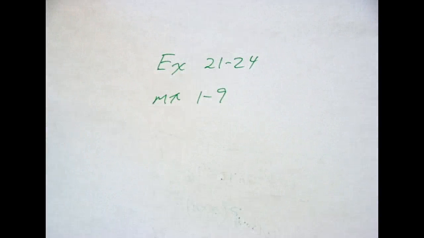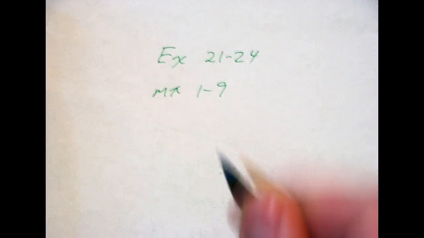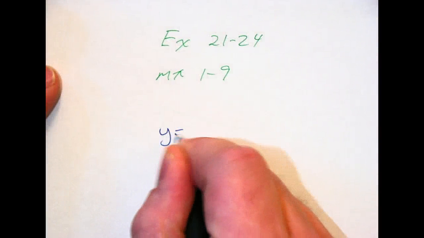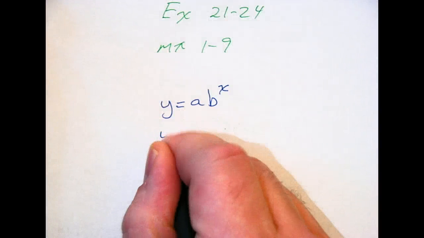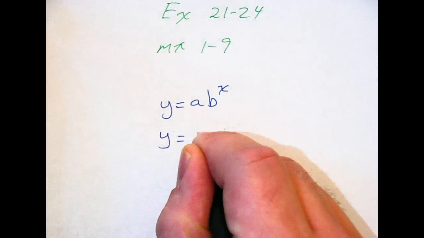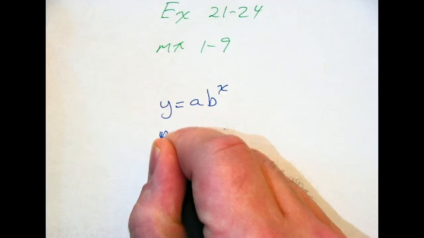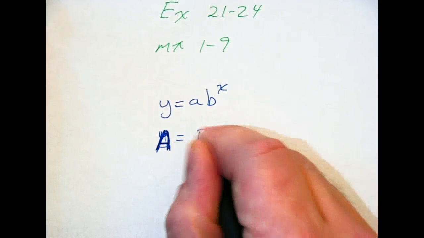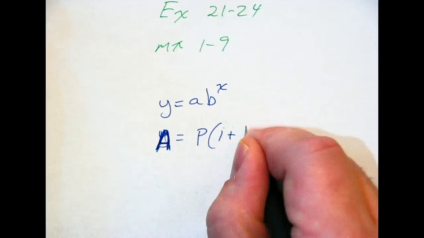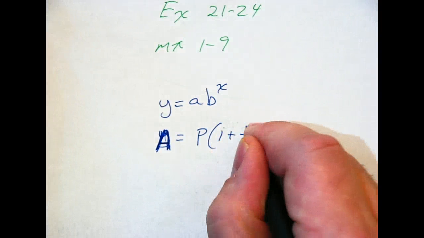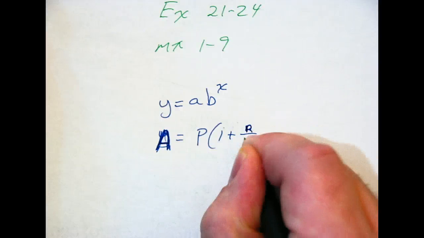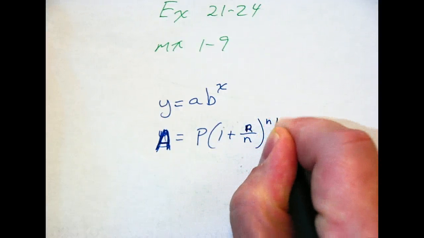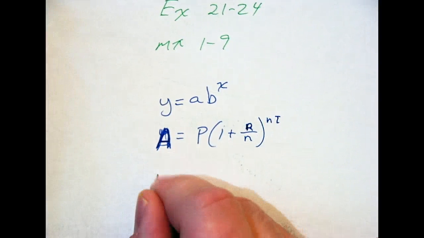If you recall, at the beginning of class I said one of our goals is to know when to use this one versus when to use this one. A equals P times 1 plus R over N to the NT, versus when to use this one.